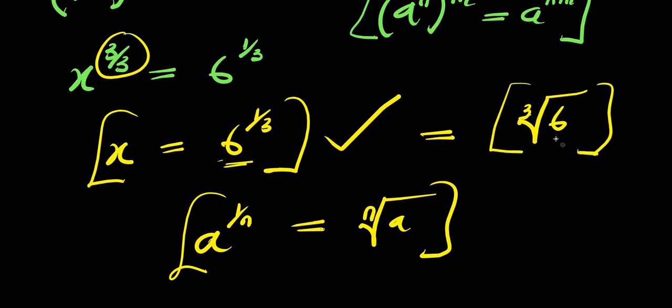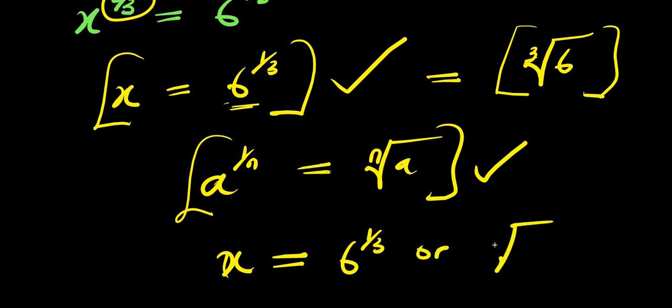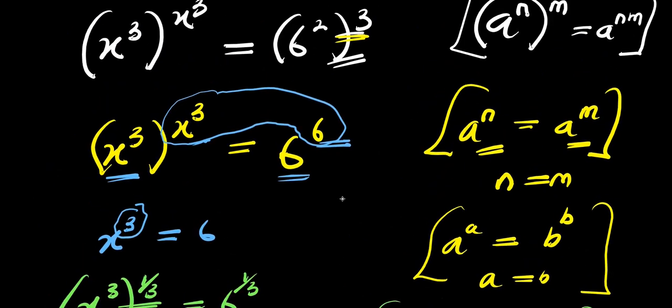So we have x equals the cube root of 6, going by this identity. So we have our solution for x. That means our x equals 6 power 1 over 3, or the cube root of 6. That is correct.